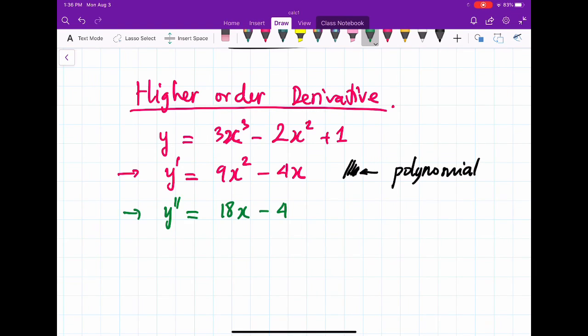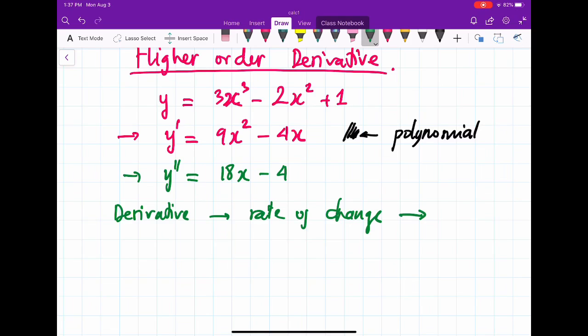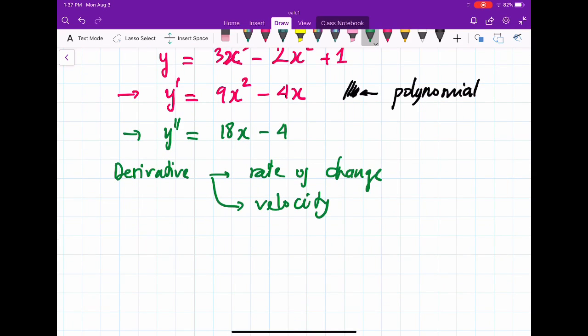So what is y double prime? We know that the derivative is the rate of change, and at the same time, that is velocity. Is that correct? So what does the derivative of the derivative mean?